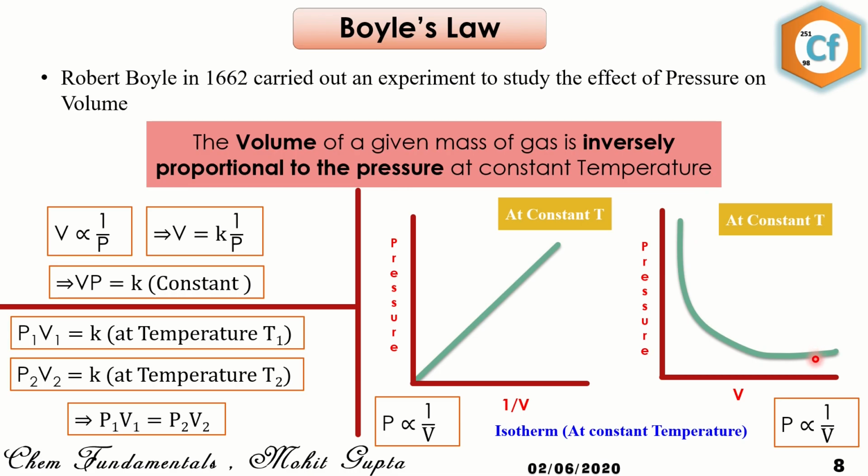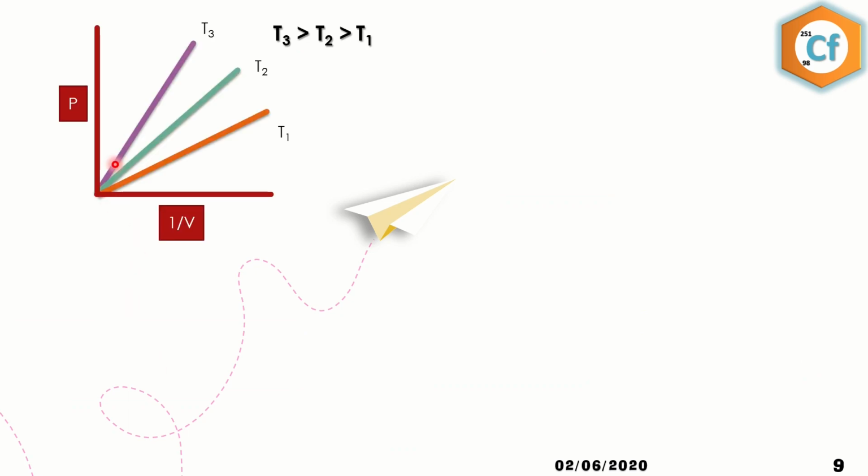Now, on plotting the graph between P and 1 by V at different temperatures, I'll get three or more lines, depending upon how many observations I have taken. All these lines pass through the origin. I have written T3, T2, T1, but I don't know which temperature is higher. So let's take an example.